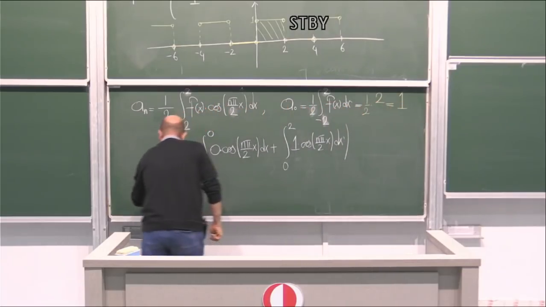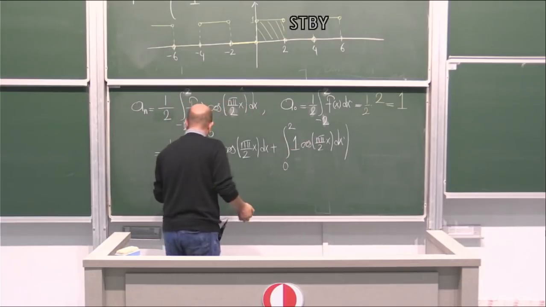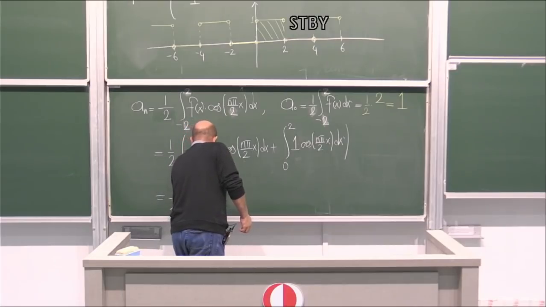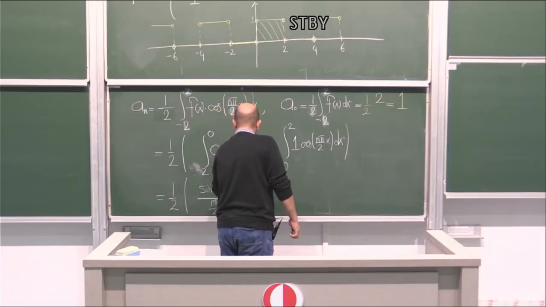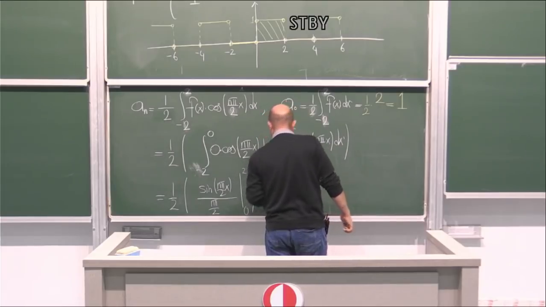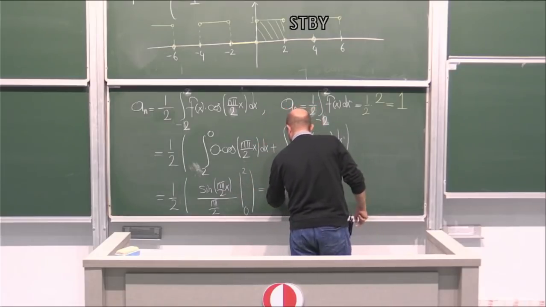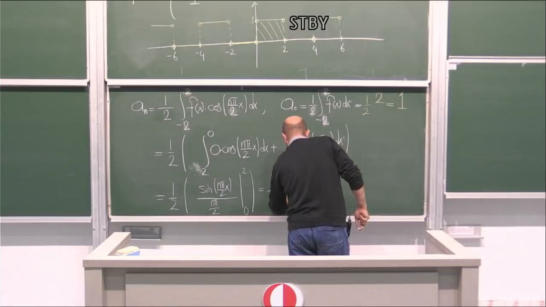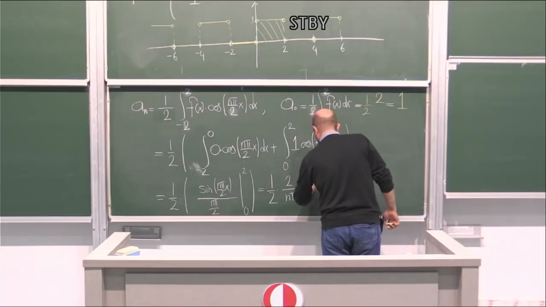So then we get 1 over 2 times the antiderivative of cosine, which is sine n pi over 2 x divided by n pi over 2, between 0 and 2. When you flip this, we have 2 over n pi times parentheses sine.